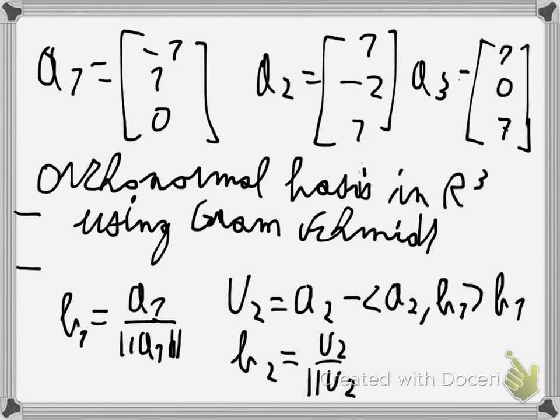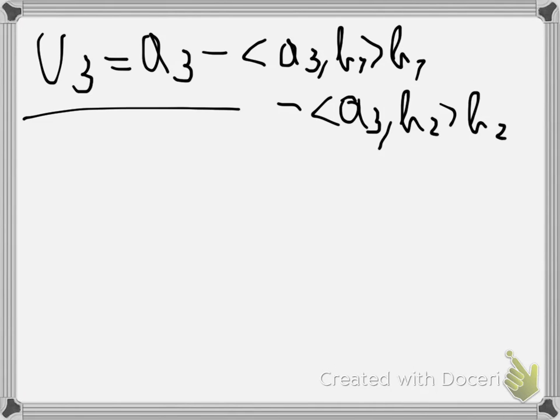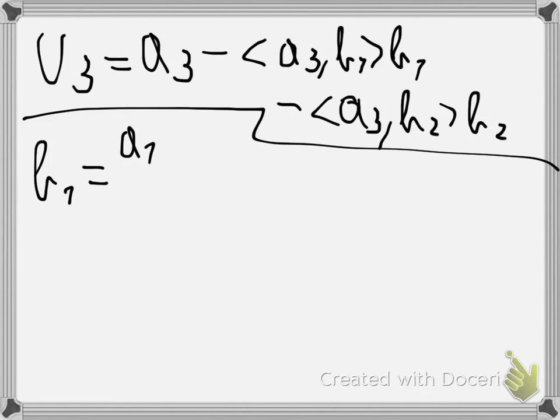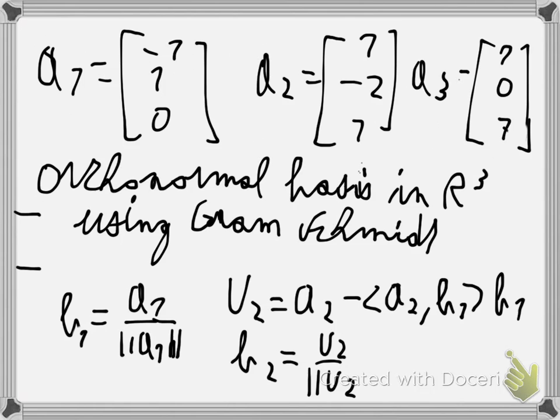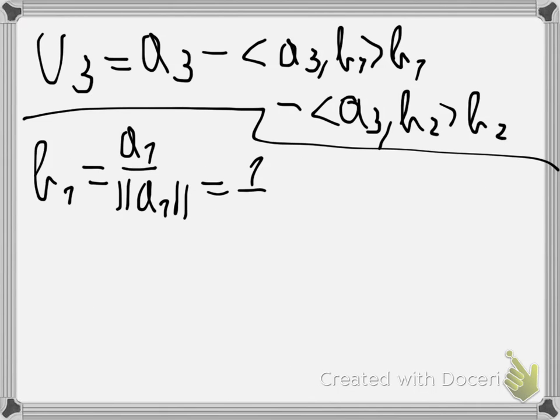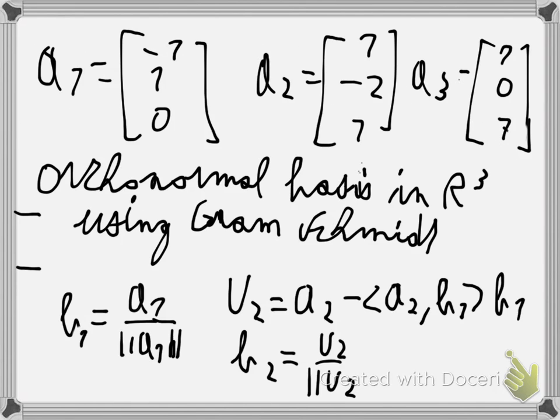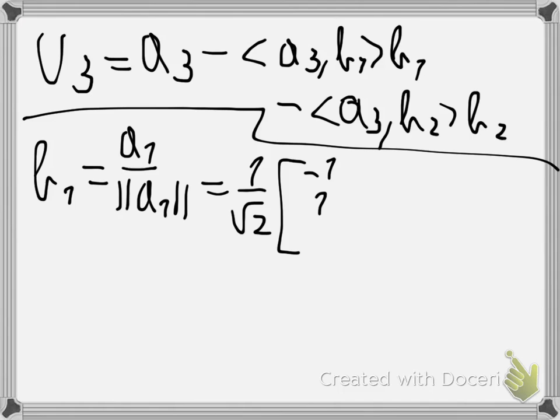So here we have the following vectors. Let's do that. Our first basis will just be given by A1 over its length. So that will just be 1 over square root of 2 times negative 1, 1.